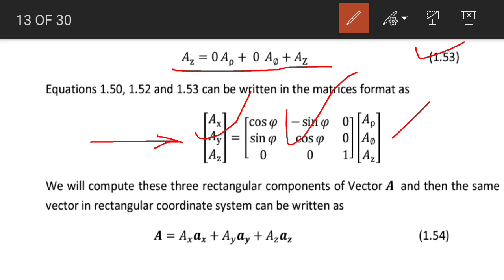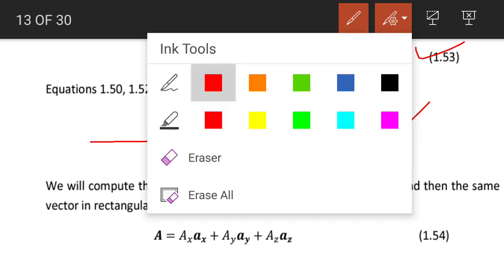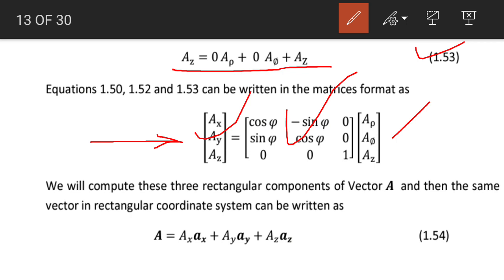So we will calculate the x component, y component, and z component of this vector with the help of these matrices. And once the x component, y component, and z component of the vector are known, we can write down the same vector in the rectangular coordinate system.